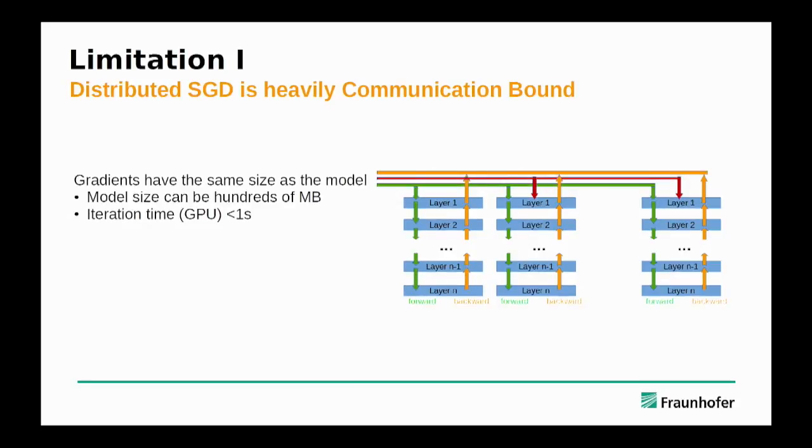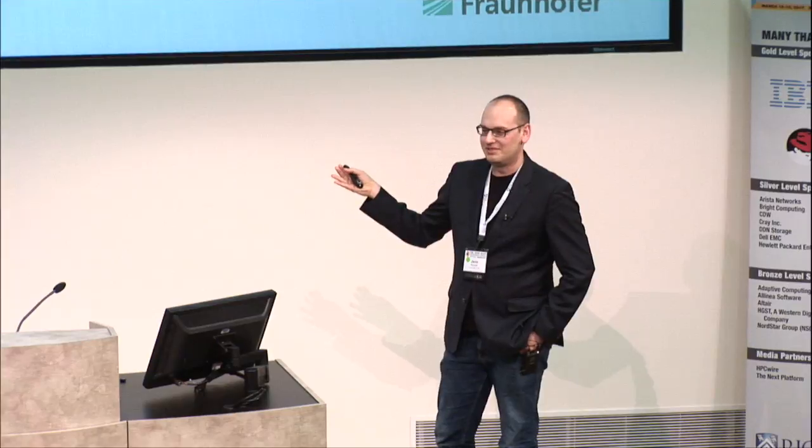Now the model is around, in this case, 250 megabytes, but the model could be even larger. At the same time, I compute this in 0.2 of a second. Now in data parallelism, the compute time will be split by the number of workers, so I easily come down to hundredths of a second, while I have to transfer gigabytes of data. This obviously doesn't add up.